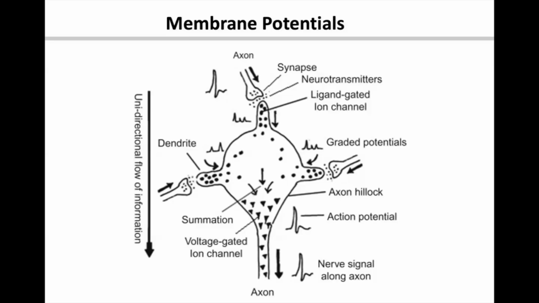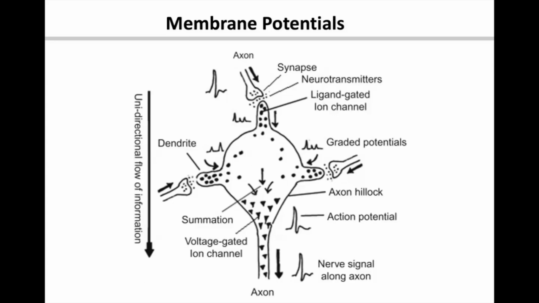So the local potential, which is the change in the membrane potential, is graded, meaning that it varies in magnitude or voltage according to the strength of the stimulus. So if the strength of the stimulus is not a lot, then it will go to a certain region and will die out.